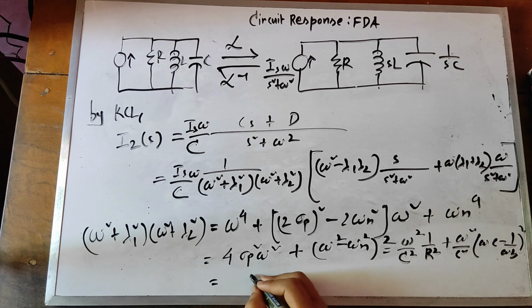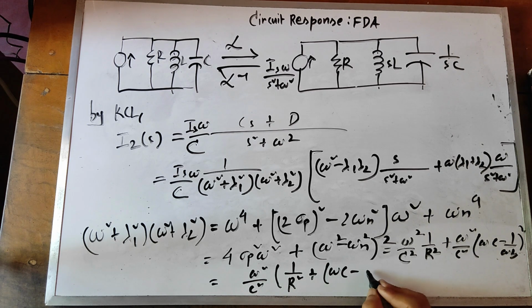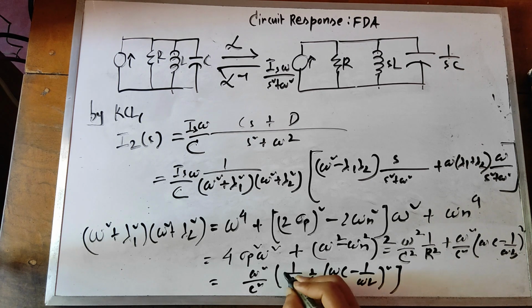So which is basically omega squared c squared commoned out, and 1 by r squared plus omega c minus 1 by omega l squared.